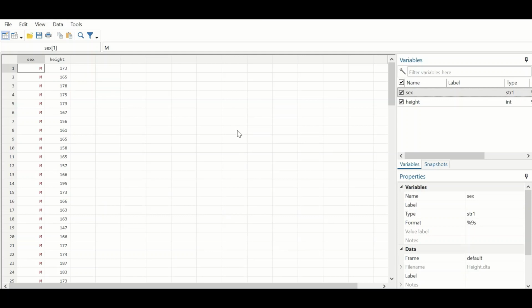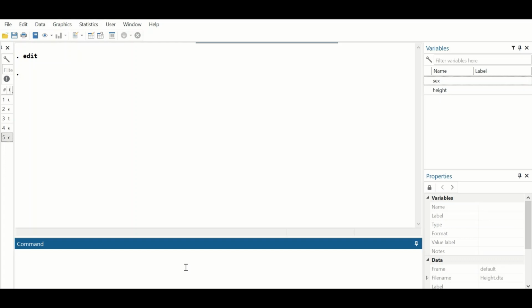To do the statistical test, here in the command section, type ttest and then a space and insert the dependent variable, which is the height.